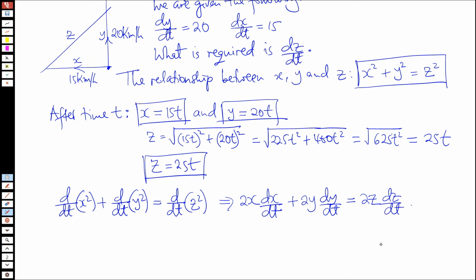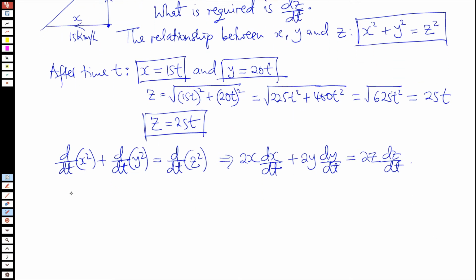Now, if we cancel out the 2's, we'll end up with x dx over dt plus y dy over dt equal to z dz over dt.